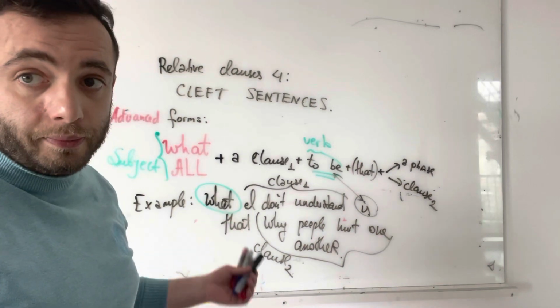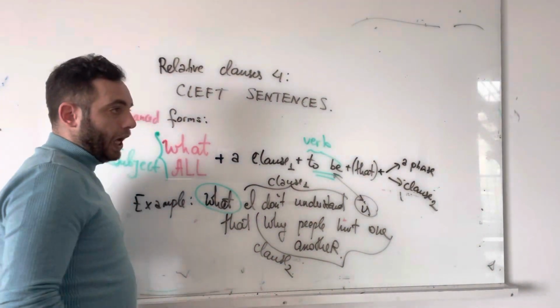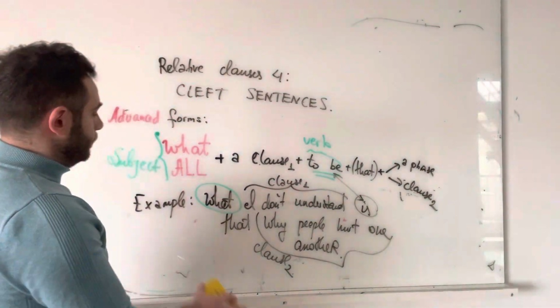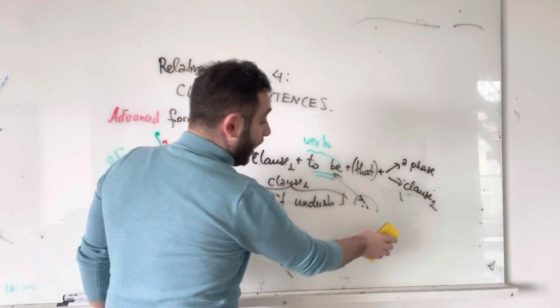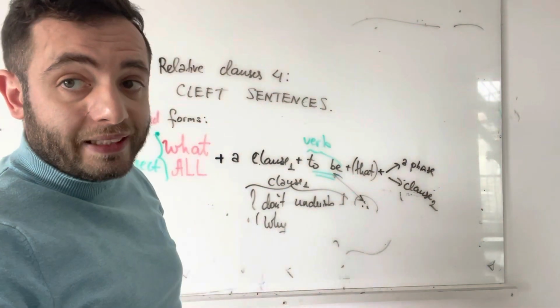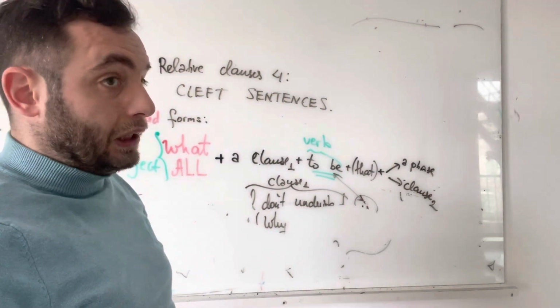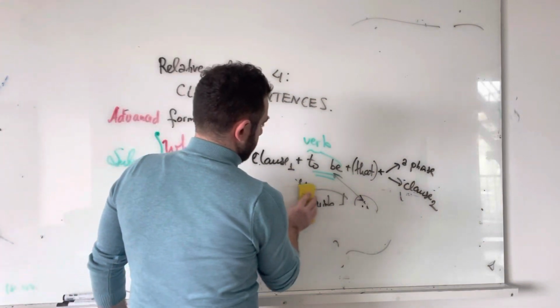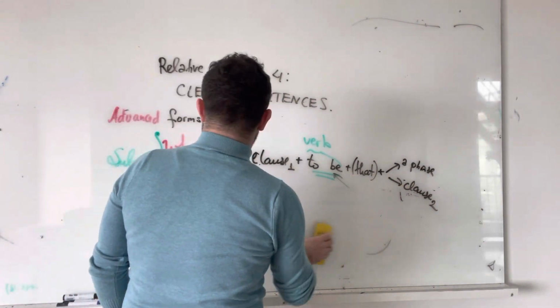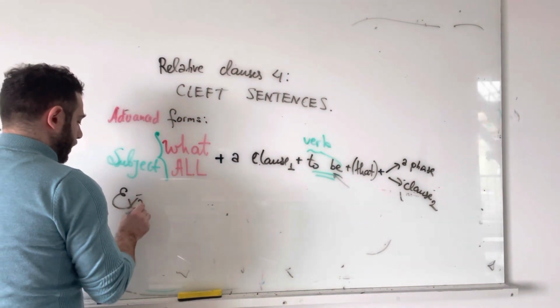I think I cleaned the board to write another example for all. But here, listen guys, all here is not a quantifier. All here is kind of a relative pronoun. Okay, but the structure is the same. Example.